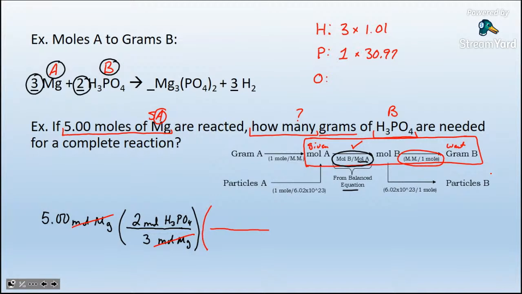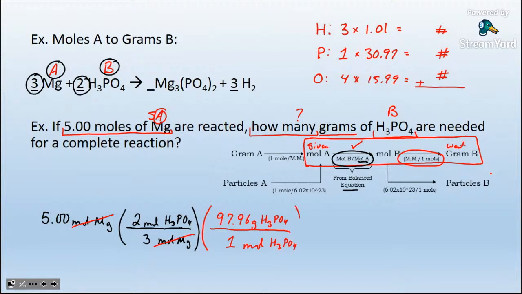And I have 4 oxygens, where each has a mass of 15.99. So I would do the multiplication, and then I'd add up each one of these values. And what I find for the molar mass of phosphoric acid is that there are 97.96 grams of H3PO4. And because it's a molar mass, that is always per 1 mole of that particular substance.